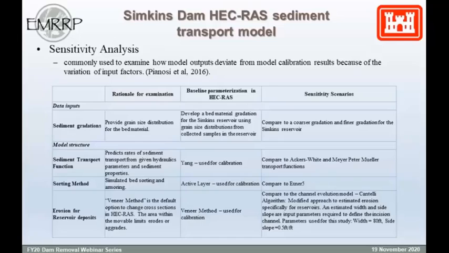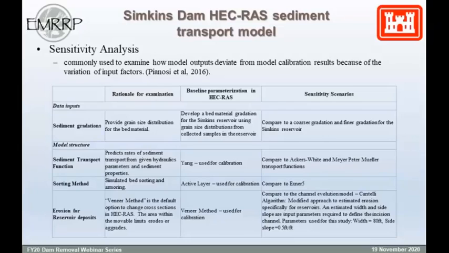I also looked at model structure. For the HEC-RAS sediment model, you need to specify your sediment transport function, and that's basically an equation that predicts rates of sediment transport from given hydraulic parameters and sediment properties. In our case study, we are dealing with non-cohesive sand and gravel.